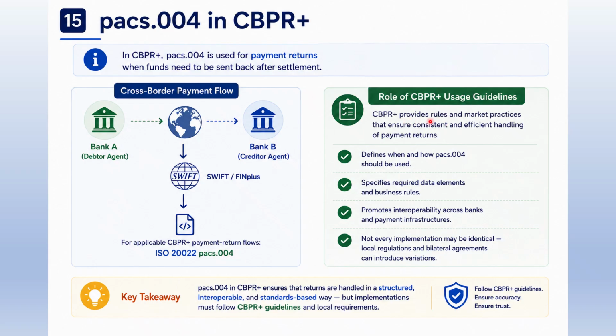CBPR Plus does not simply mean use any ISO 20022 message however you want. CBPR Plus usage guidelines define how the message should be used in the cross-border banking context. They specify business rules, required data, validations, and market practice. So not every pacs.004 implementation in the world will behave identically. The applicable usage guideline matters.